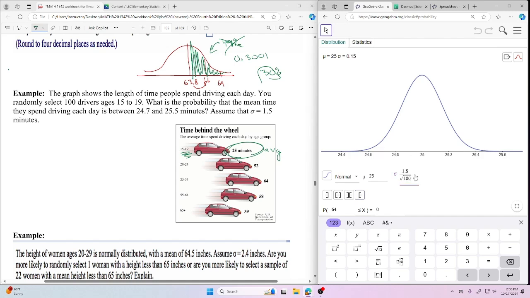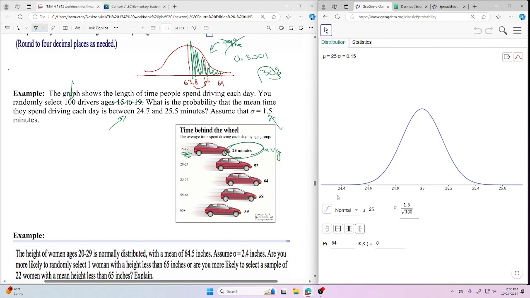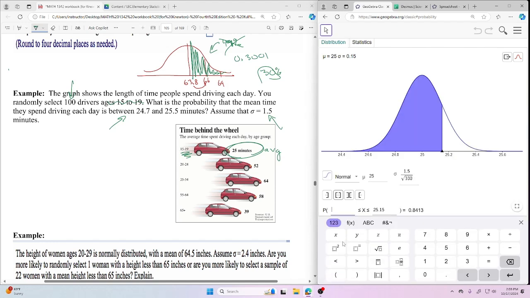Yep, so again, that's my sample size and that's my old standard deviation. I put them together, right? And then I have my mean, which I just found right there. Now, this 15 to 19 we don't really need because we already used it for this. But you can see it says between these two numbers here. I'm going to put them in there, between two numbers.